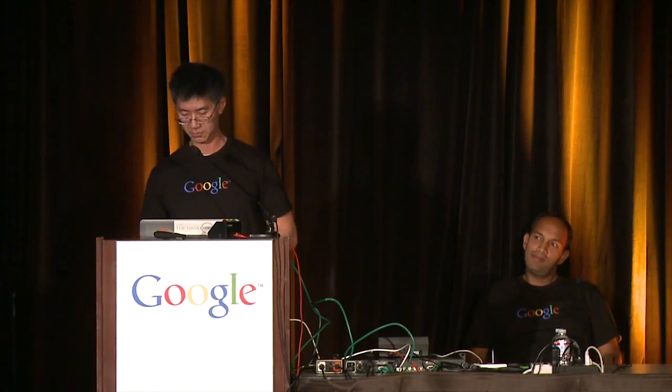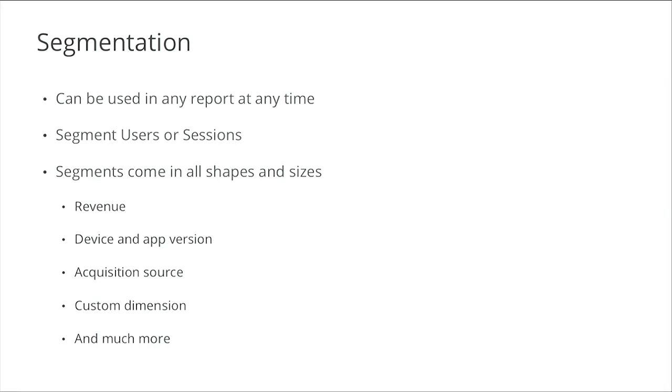Let's start by thinking about how we can do analysis of the data to gather some insight. I'm going to focus on a very important analysis technique, which is segmentation. Google Analytics has very sophisticated support for segmentation.